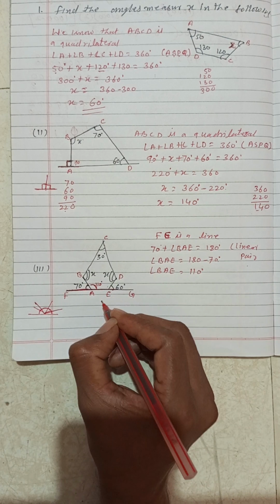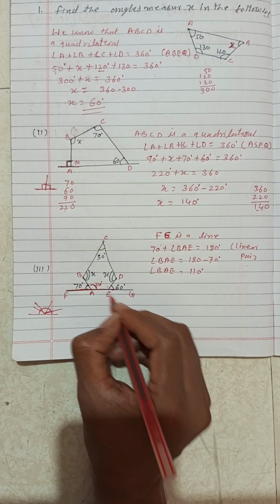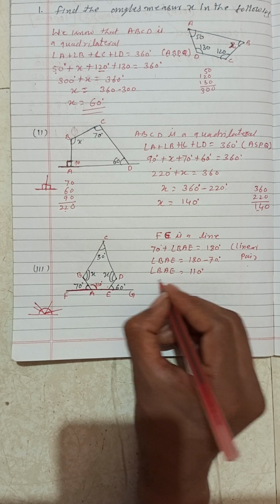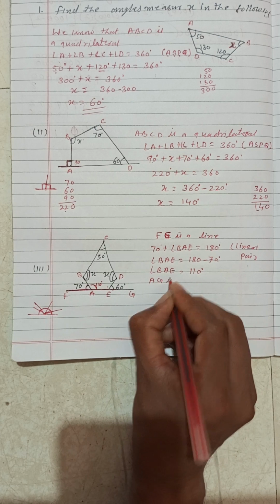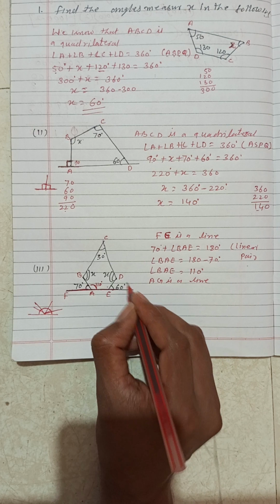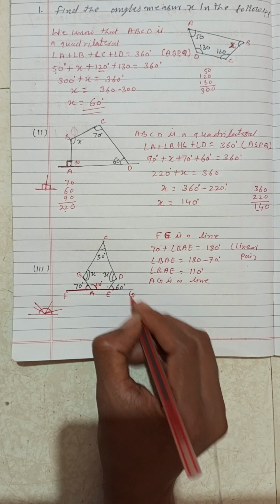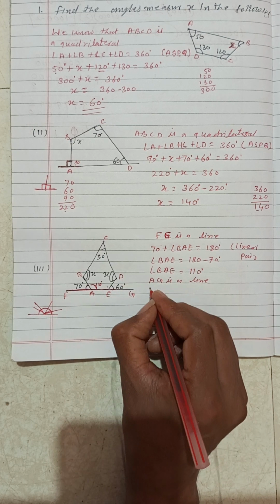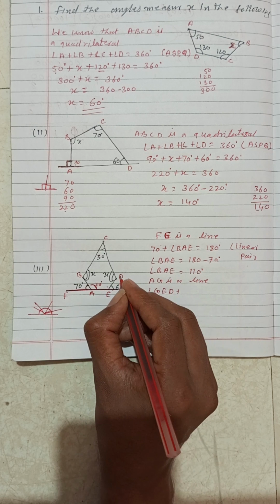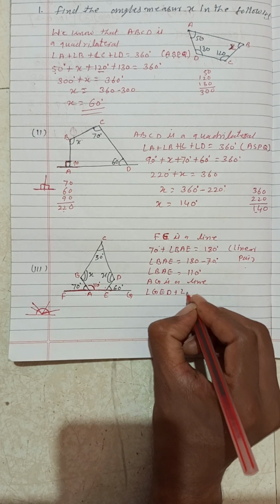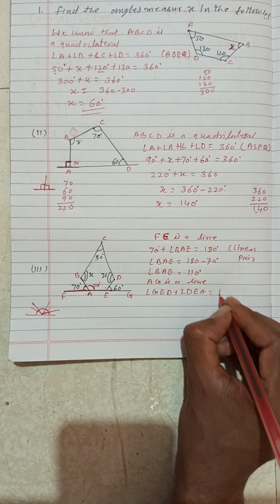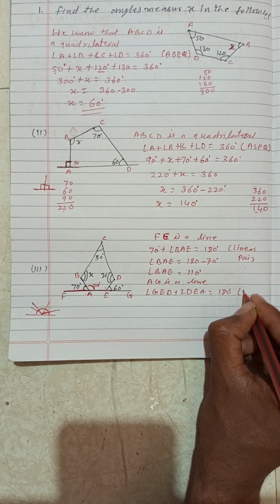We are finding this angle also. This is a line, AG is a line. Then we know that angle GED plus angle DEA is equal to 180 degrees, because of a linear pair.